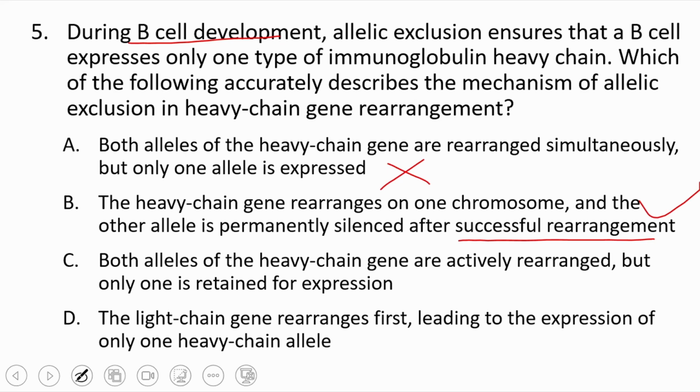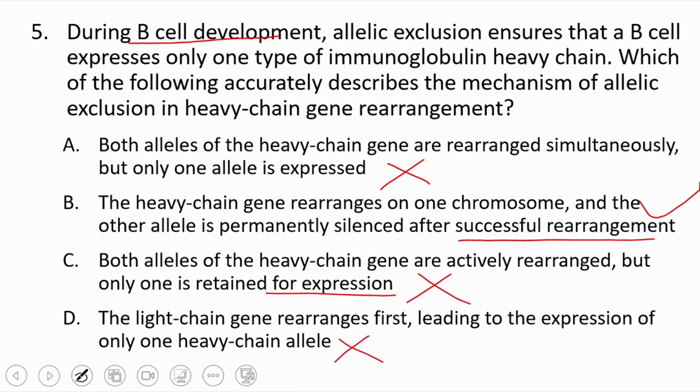Option: both alleles of the heavy chain gene are actively rearranged, but only one is retained for expression. No, this is wrong. It may have multiple constant regions, but it's not going to have variable regions which target multiple antigens. Option: the light chain gene rearranges first, leading to the expression of only one heavy chain allele.